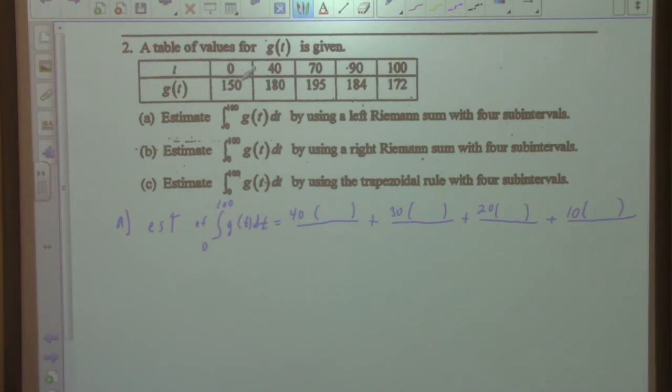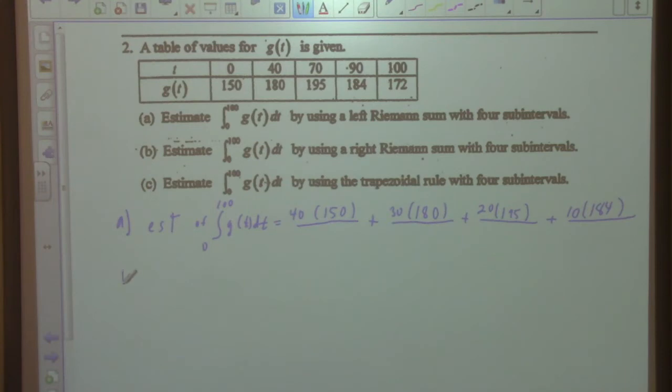Your left one is going to be that one here. So we get 150, and we can just write these out. The next one's 180, then 184, and 195. And then that would be 184, right?